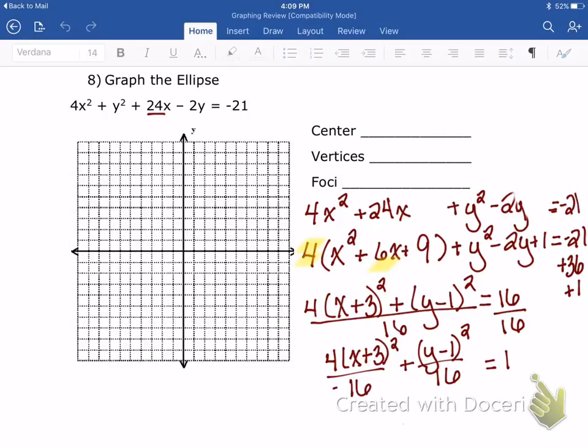Here, this 4 cancels. Erase that, I don't want you to think that's a negative 16. So this 4 cancels. We get a 1 up here and we get a 4 in the bottom. So at this point, we have our formula for our ellipse so that we can graph it.